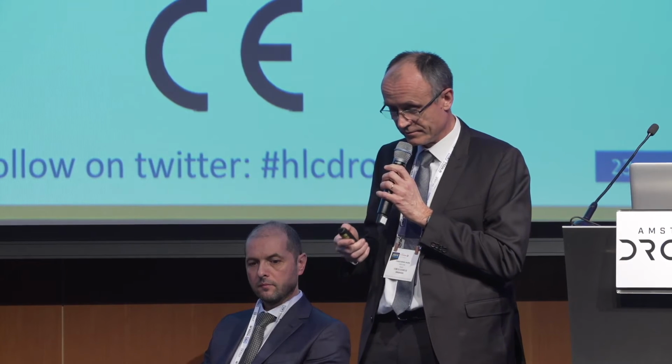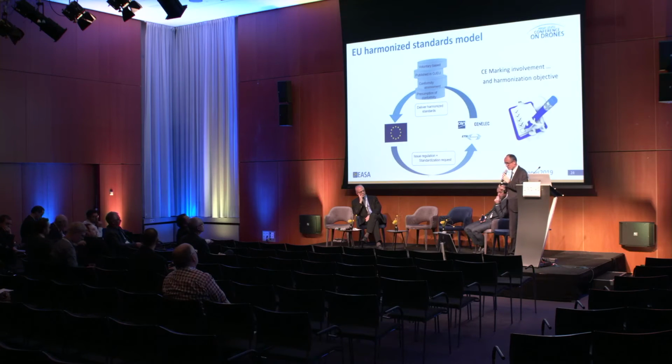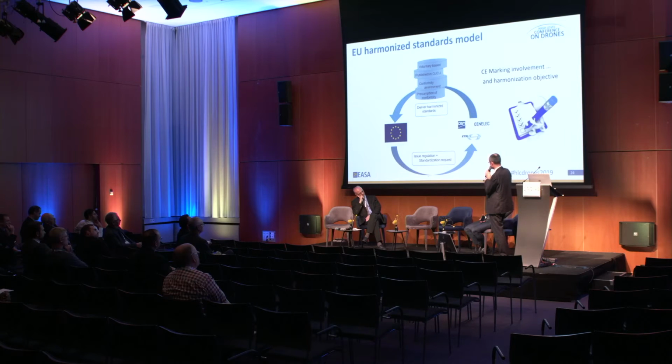So let's have a look at the model. It's a global picture, just to be sure that everybody is on the same page regarding what we are speaking about with the harmonized standard. Let's start from the European Commission, which, based on the regulation, requests the standardization from CEN and CENELEC. They will deliver the harmonized standard to Europe.